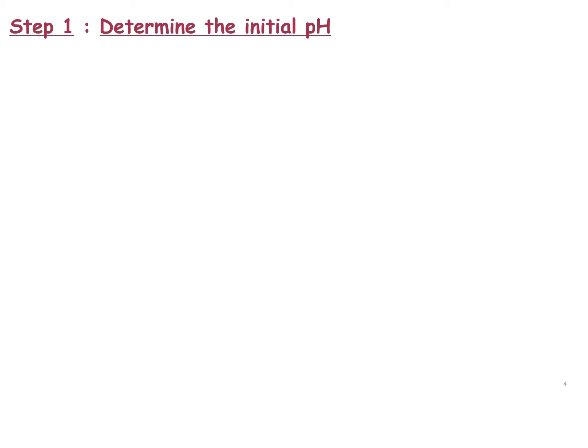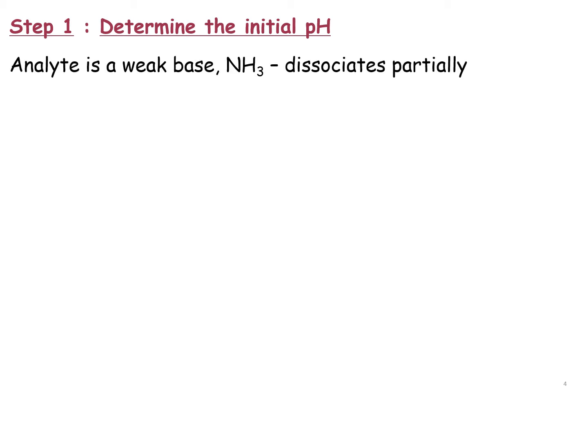Determine the initial pH. Since analyte kita adalah weak base, sama juga dekat sini. Weak base akan dissociate slightly, bukannya partially. So, the table that we're going to write down is the ICE table.